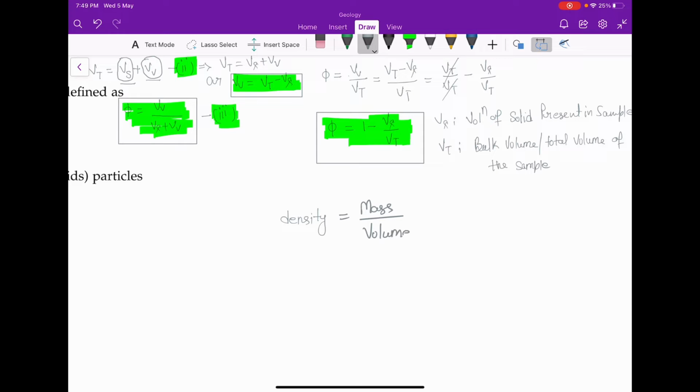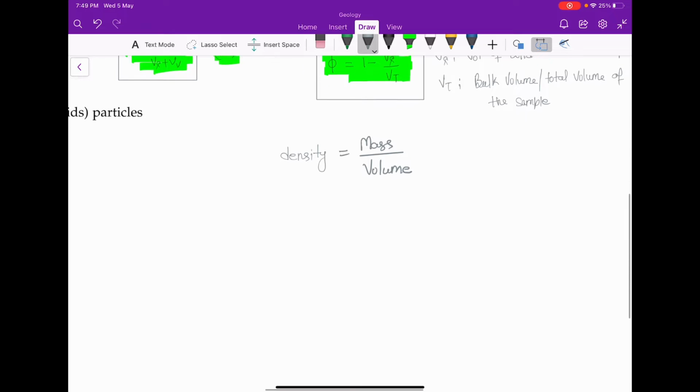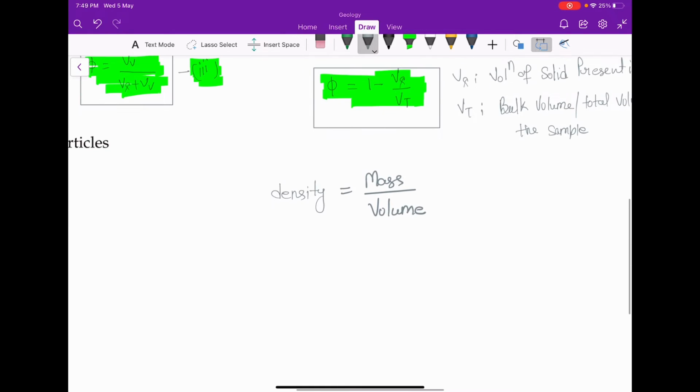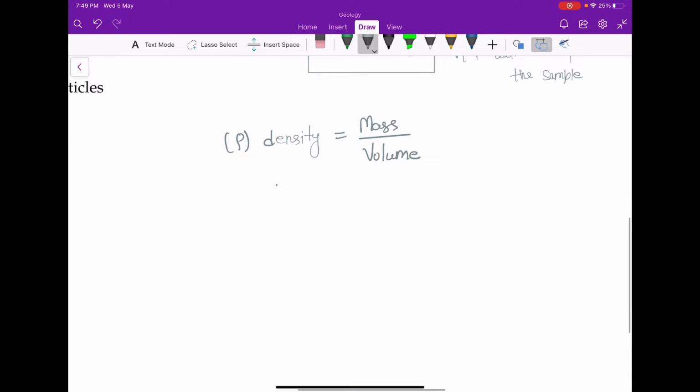So density is the ratio of mass and volume, and density is represented by rho. First we will find the bulk density, that is the density of the total sample. So rho b is the density which is known as bulk density.